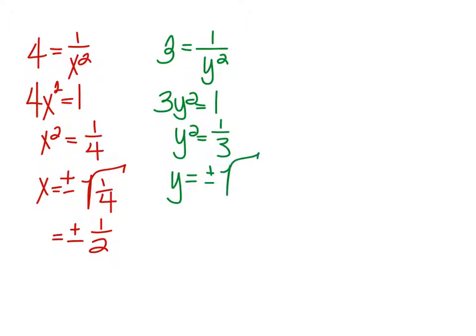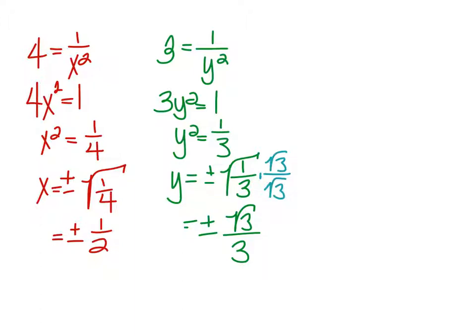And we get plus or minus the square root of 1 over 3. Now, we can't have a square root on the bottom, so we have to do our little thing where we multiply the top and bottom by root 3. And we end up with plus or minus the square root of 3 over 3.